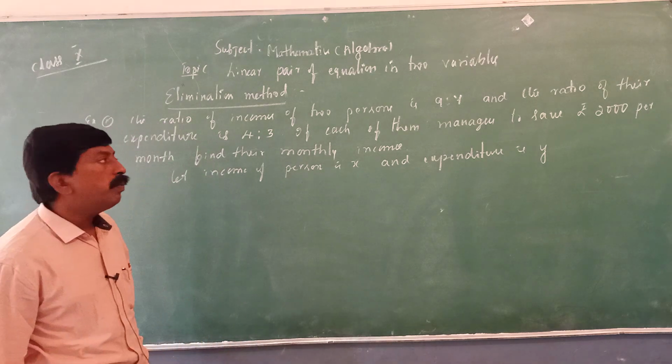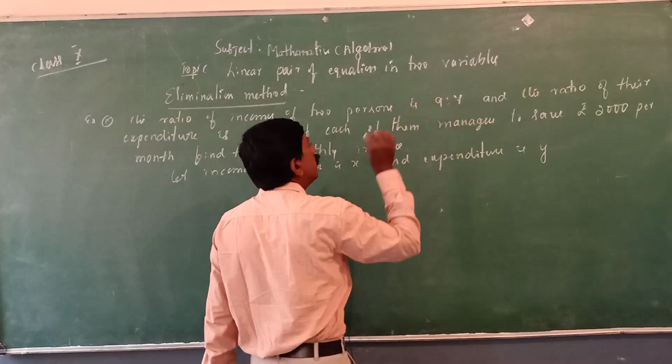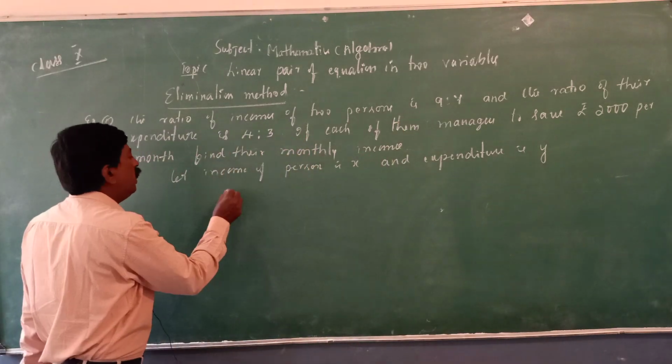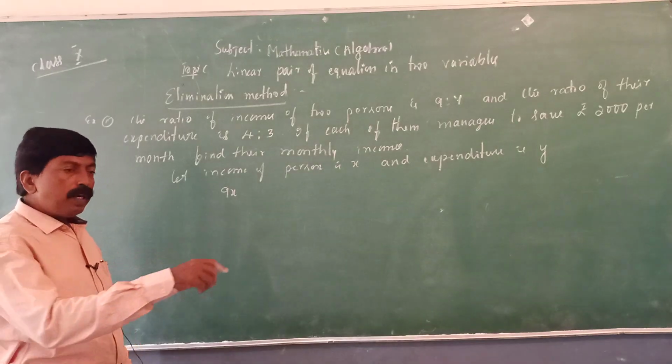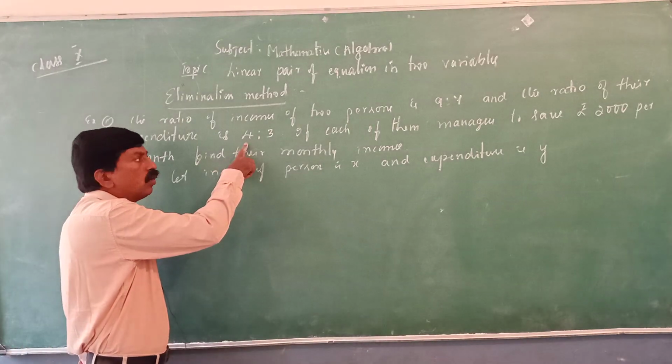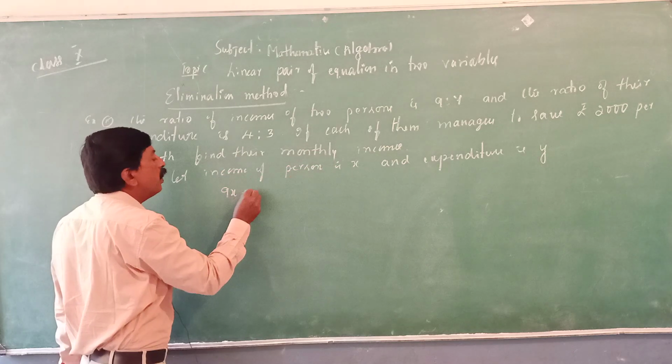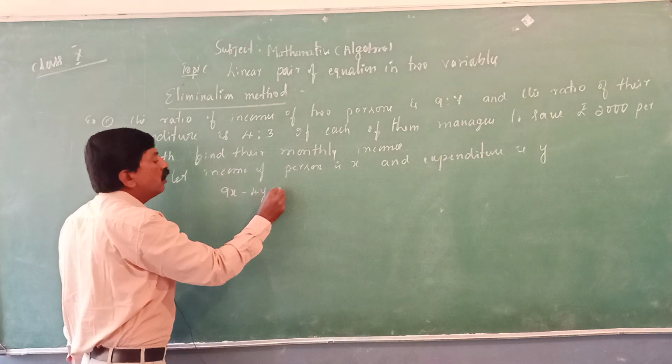The income of the first person is 9 times x, and his expenditure is 4 times y, so minus 4y.